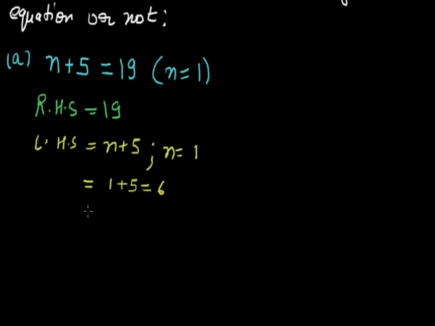So our left hand side comes out to be 6 and we can see that the left hand side of the equation is not equal to the right hand side of the equation.